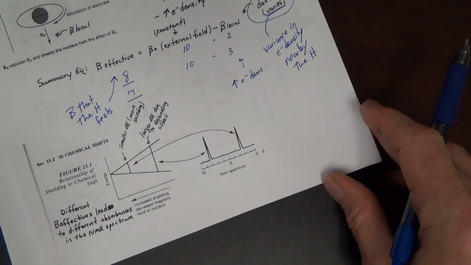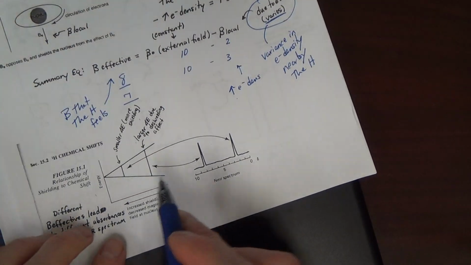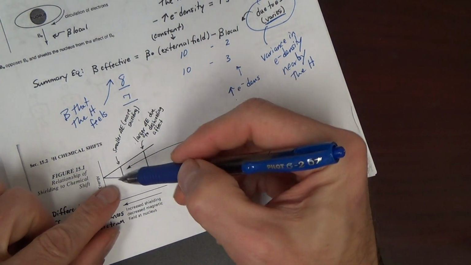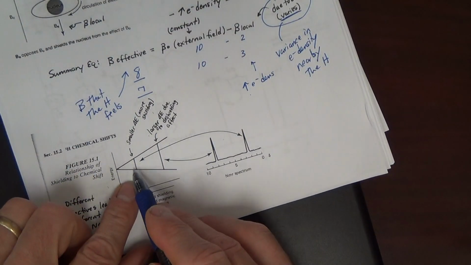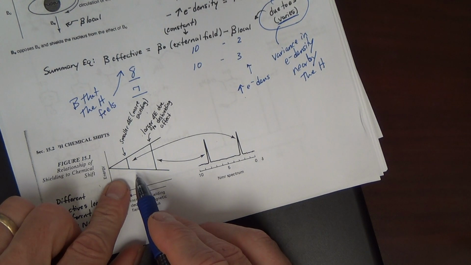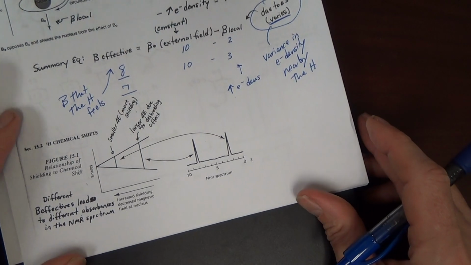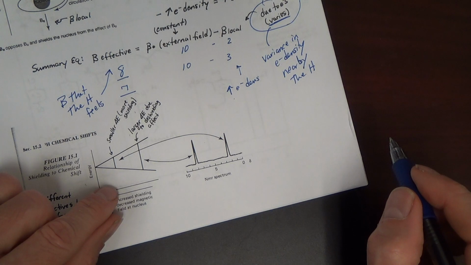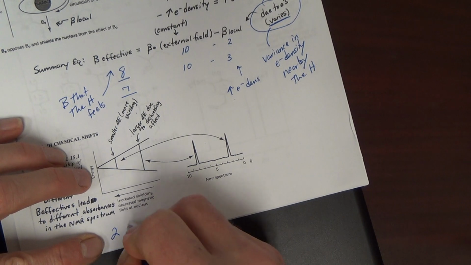Let's see what this final graph will tell us here. This looks like our figure 1 up top. We could have two different delta E's. Smaller delta E is basically what I tried to show up here. How do we get two signals here? Well, we got two delta E's.